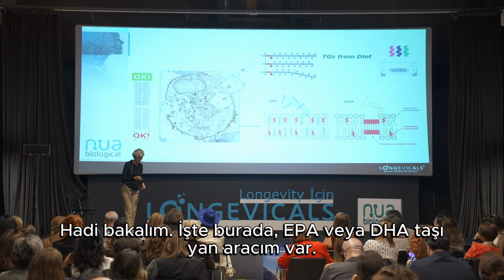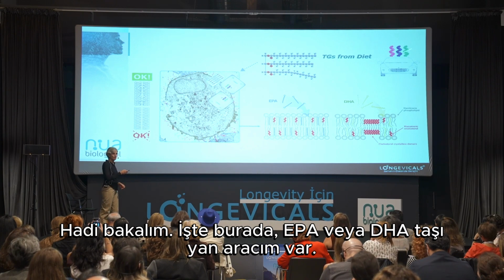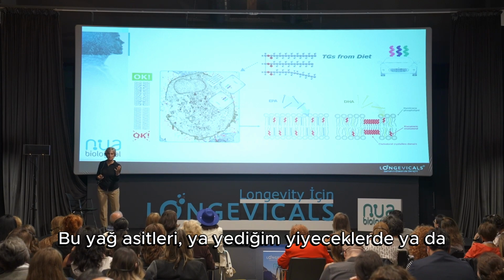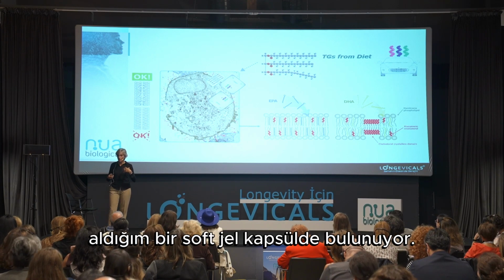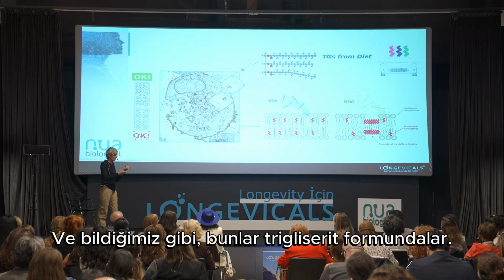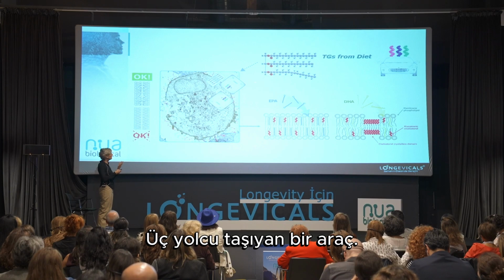Let's see. Once again, here we have my car with my EPA, DHA, whatever. That's in my food, either in my food or in my soft gel. And as we know, it's a triglyceride, the 3 occupants in the car.